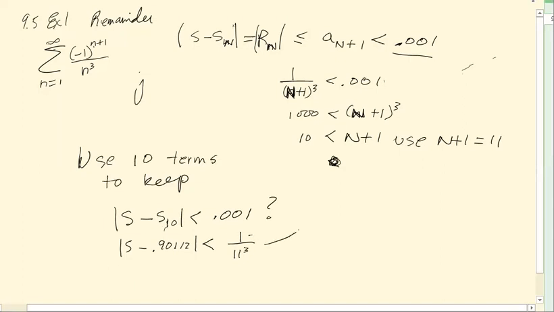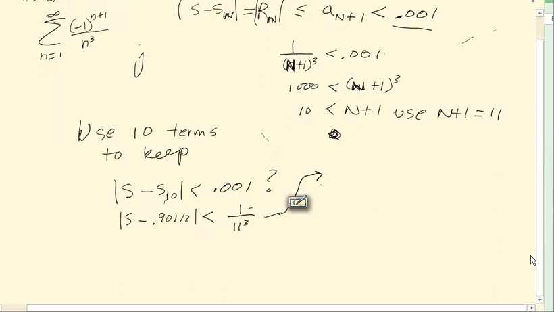And this could be written as S minus 0.90112 is less than that 1 over 11 to the third, and it's greater than negative 1 over 11 to the third.